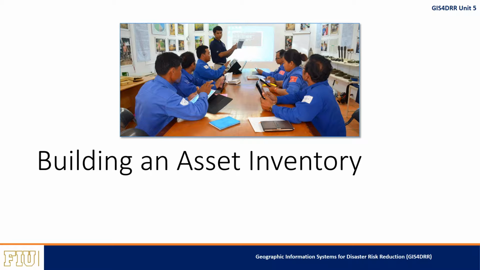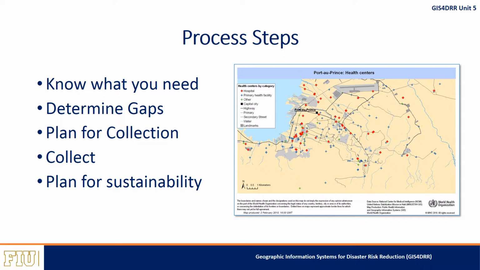So in order to build an asset inventory, you have to be methodical and put a plan together and work within your government and in your community to go ahead and implement this. So the process steps, first you need to know what you need. So you need to acquire the data as we discussed in the previous unit and find out where your gaps are.